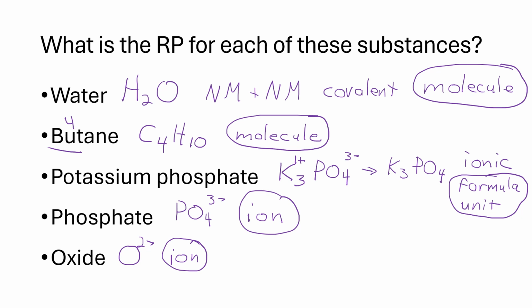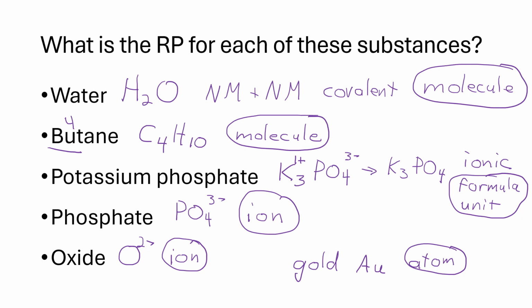And I left off from this list one type of substance and one type of representative particle. So let's talk gold. Gold is an element. Its symbol is Au. And for all of the elements that are not Brinkelhoff elements, the representative particle is an atom.